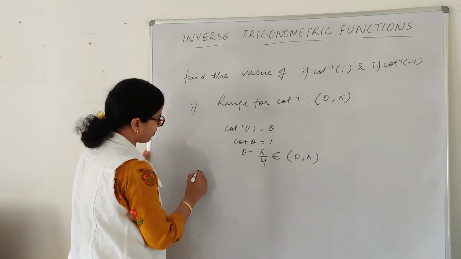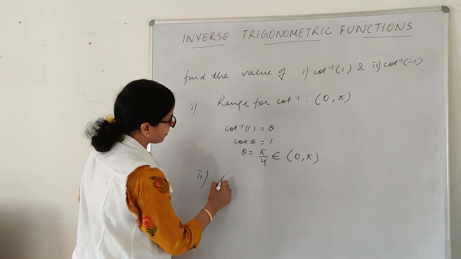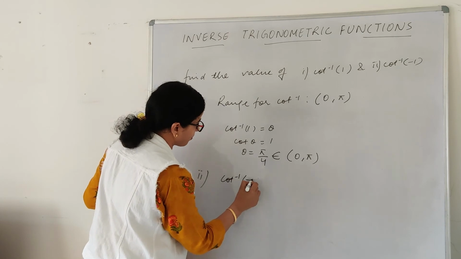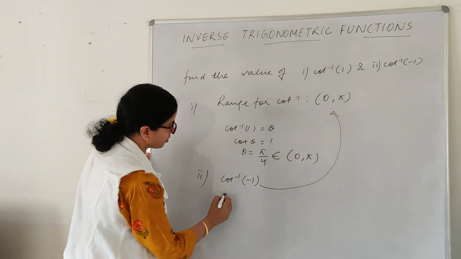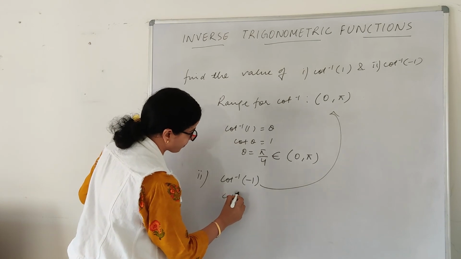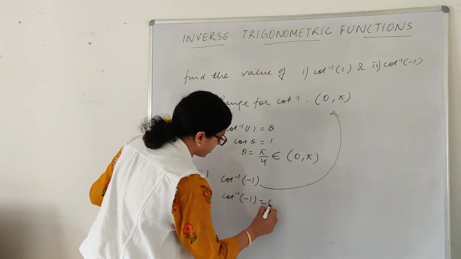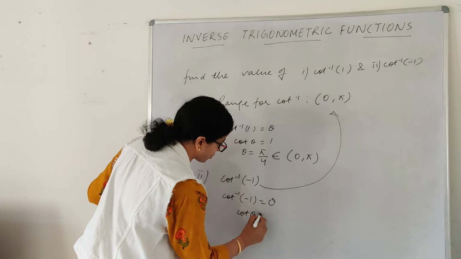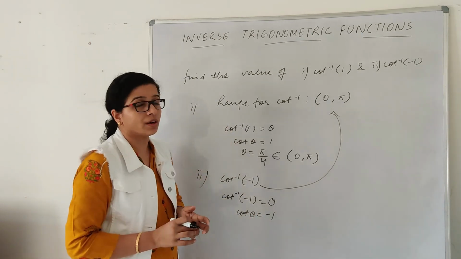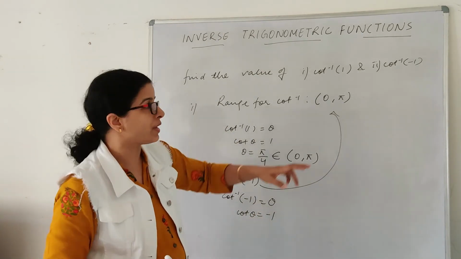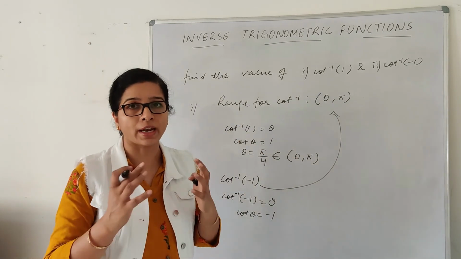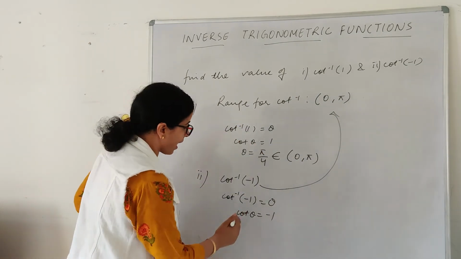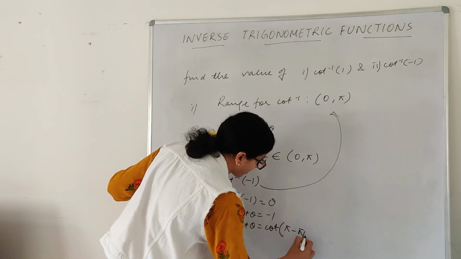Now see the second part. Whenever it is cot inverse -1, it should also lie in this range. Okay, so cot inverse minus 1 equals theta, cot theta equals minus 1. Now listen, we have done a previous question also, and whenever I have a pi over here, to find the negative value of cot inverse, I used to write minus pi by 4.